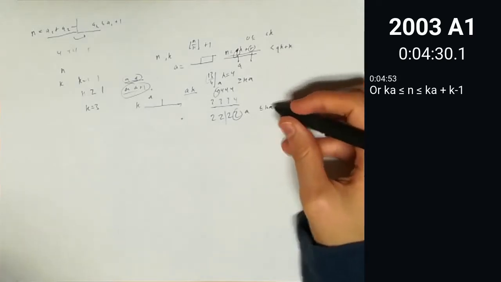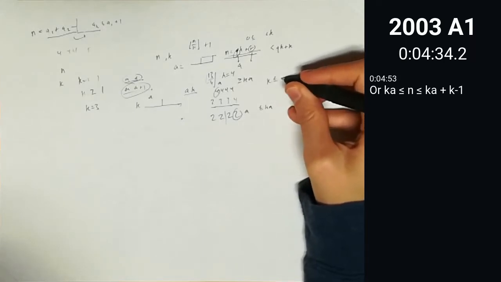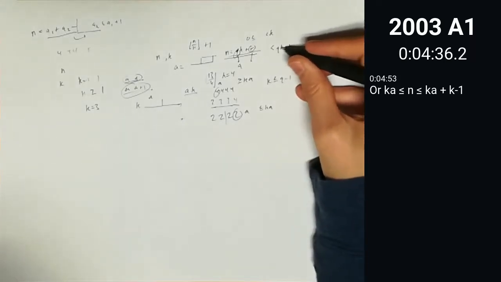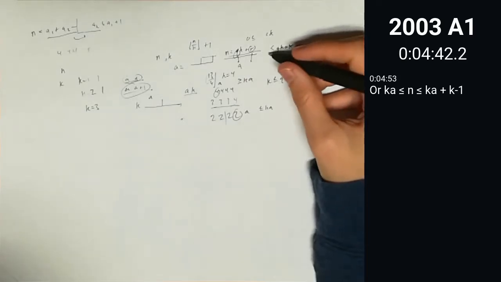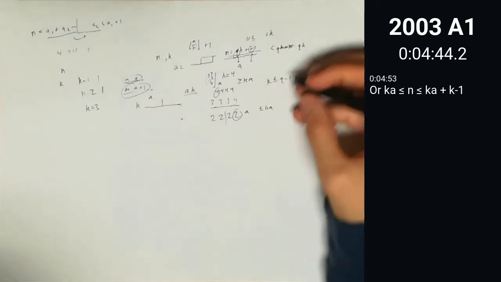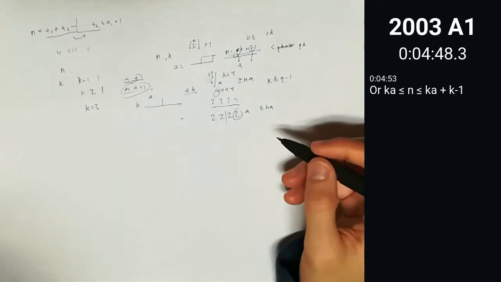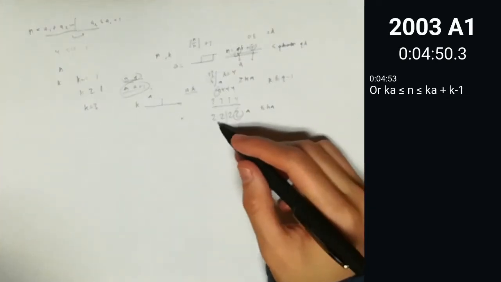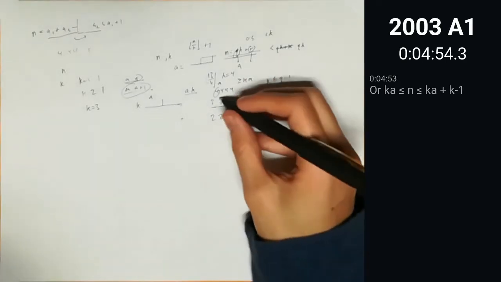If a is at most q minus 1, then this would be at most qk, and then you have a maximum of k that are 1 less, so this is unique.